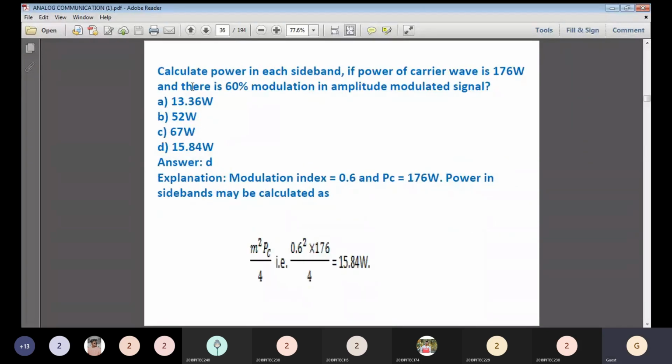Next, third problem. Calculate the power in each sideband if the power of the carrier wave is 176 watts and there is 60% modulation in an amplitude modulated signal.